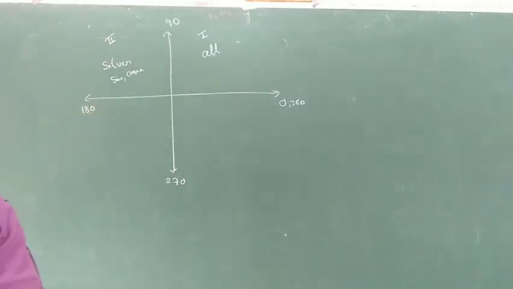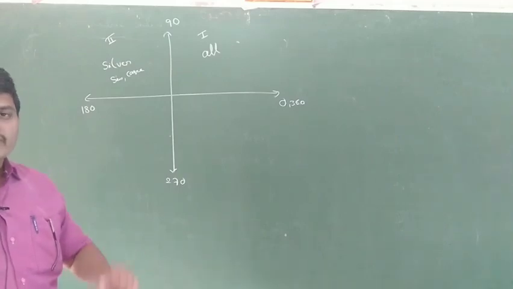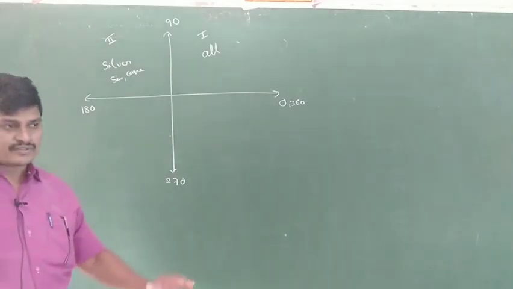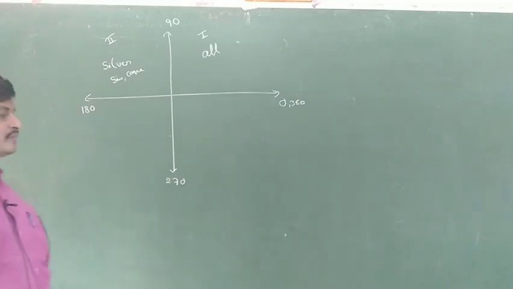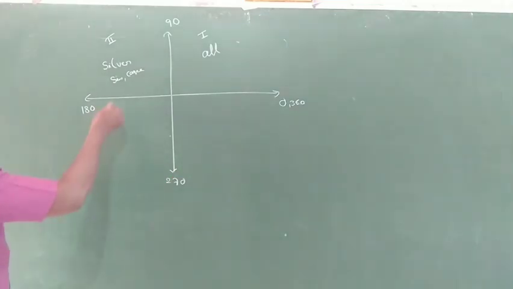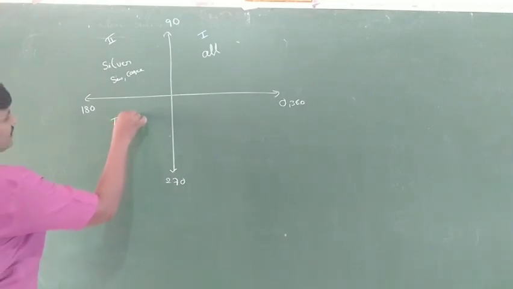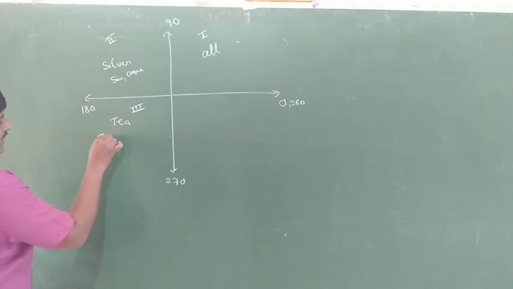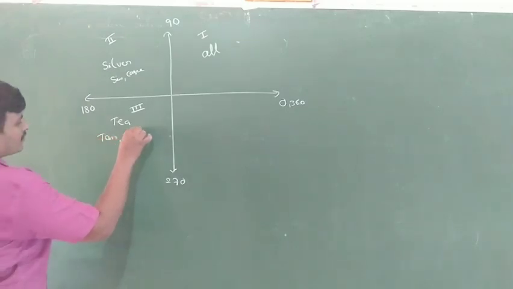Silver means S for sine, S for secant also. The main functions, what are the main functions? Sine, cos, tan are the main functions. First of all, sine, cosecant are positive. All silver. T in the third quadrant. T for tan. Tan, reciprocal cot.